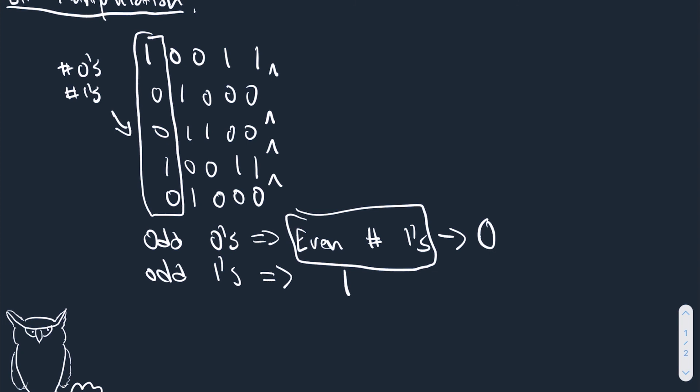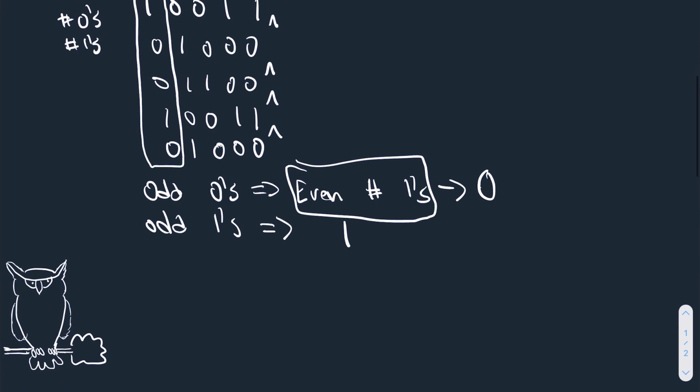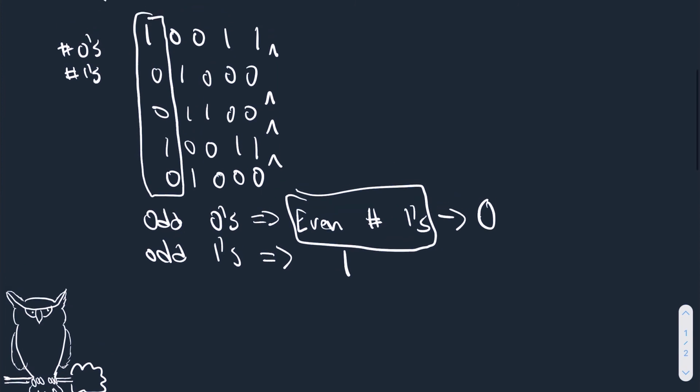And then this single frequency element just offsets that number, which means that if we take the XOR of each element in the array, what we'll end up with is exactly the number that occurs once.